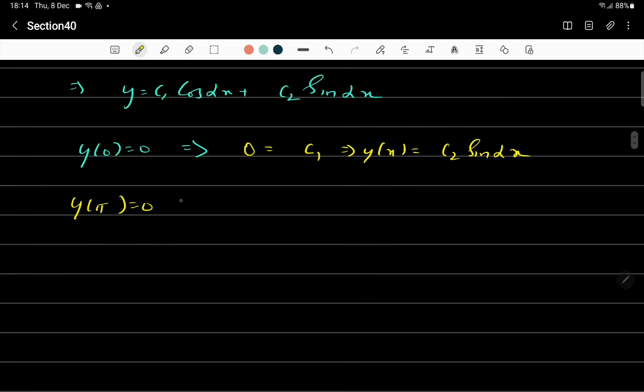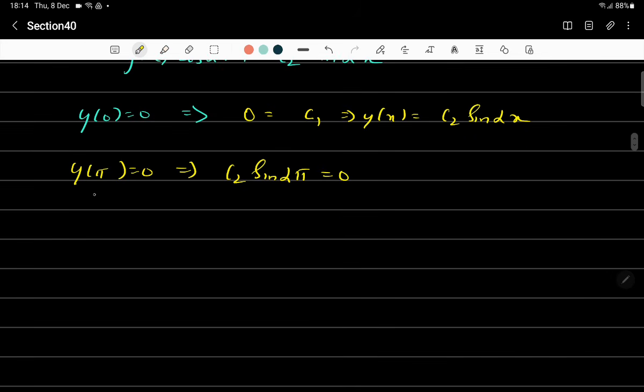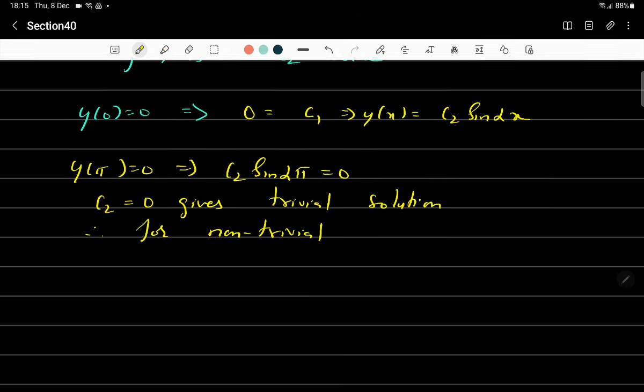Now y of pi equal to 0 gives me c2 sin alpha pi equal to 0. Now c2 equal to 0 gives a trivial solution. So both the choices are open, either c2 can be 0 or sin alpha pi is 0.